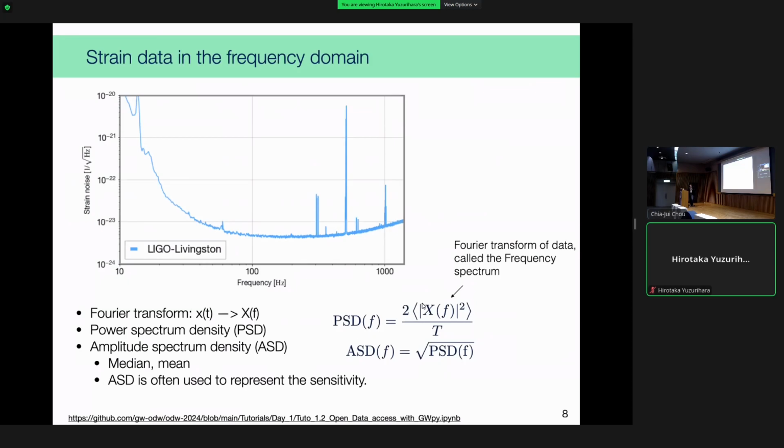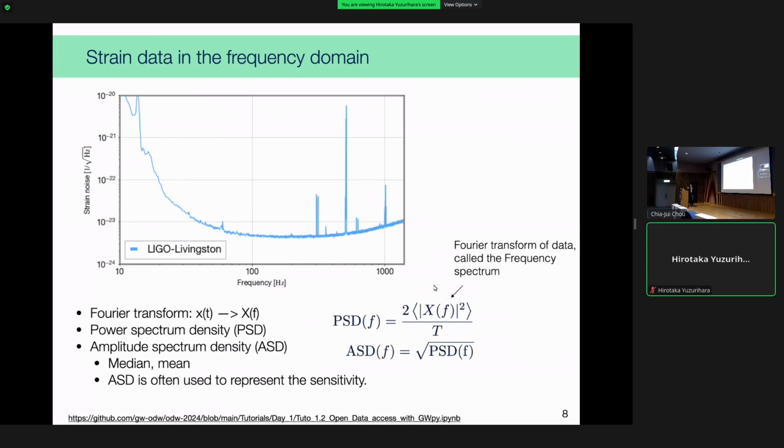Capital X of f is the Fourier frequency spectrum, and there's a bracket. This bracket is called the ensemble average, and we take an average to compute a PSD. One way to average is taking the mean. But sometimes it does not work, because later I explain about non-stationary noise.